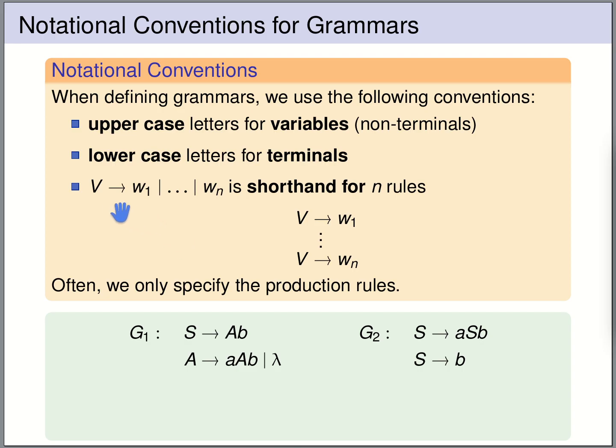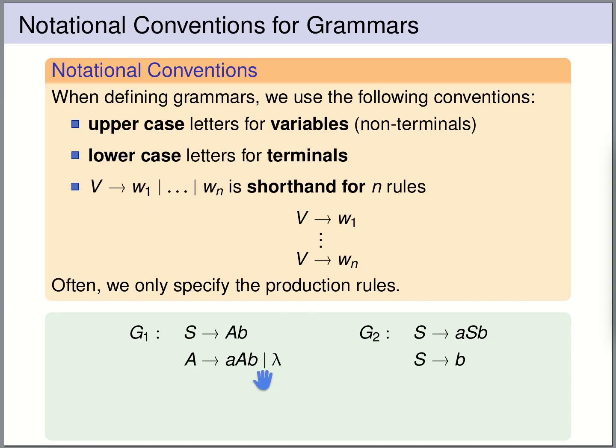Moreover, to help us write grammars, we use the following notational convention. Instead of n rules with the same left-hand side v and right-hand sides w1 up to wn, we write just something that looks like one rule, but it's short for n rules, with the left-hand side v once, and on the right-hand side we separate the different possible right-hand sides that we can rewrite to using a vertical bar.